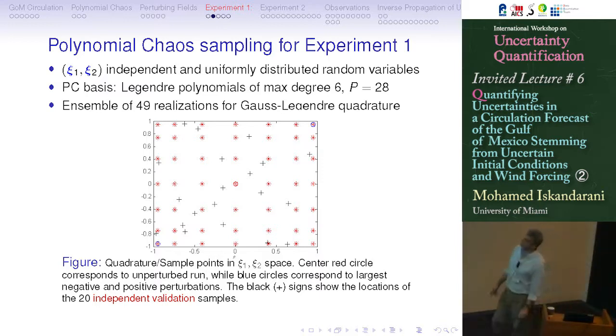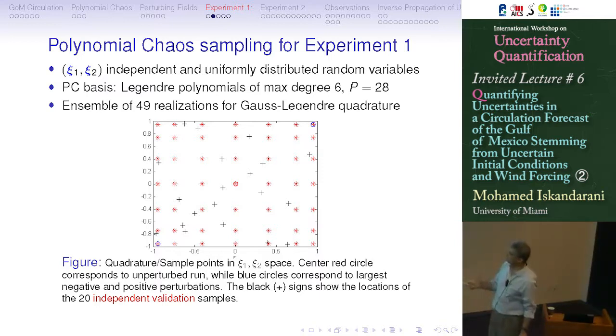Let me show you essentially the quadrature points, the samples. You're looking at the uncertain space, Xi1 and Xi2. This is my unperturbed run, right in the middle. If I add positive contributions, I'm here. I'm adding full positive directions for mode 1 and mode 2.